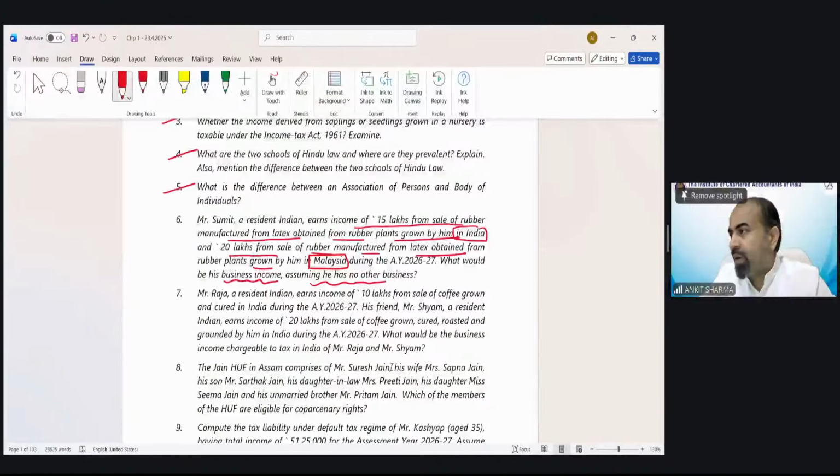I have to read and write down the question separately. Illustration, test your knowledge, question 6. So let me solve this question. Very simple question.